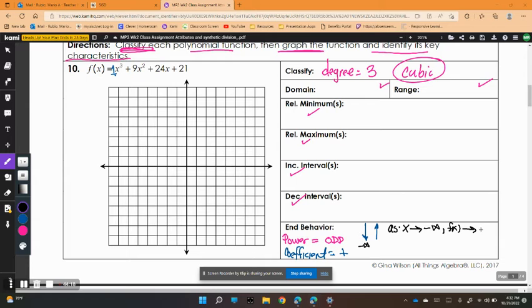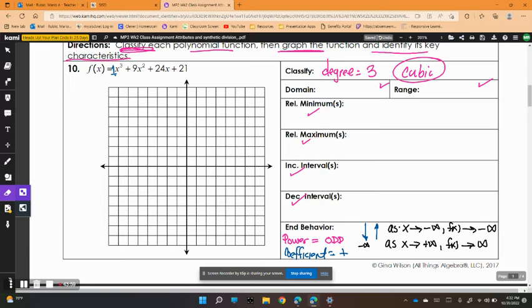We're going down on the left side, so we put negative infinity. And for the right, as x approaches positive infinity, the function is going up, so we say it approaches infinity. So we didn't need to graph it for that.